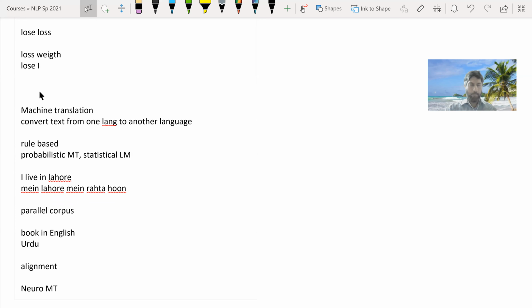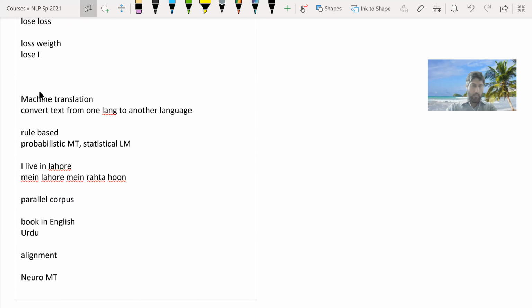So neural machine translation, and more recently, these were primarily LSTM and now, of course, transformer based. So the best practically usable machine translation techniques nowadays are either LSTM or transformer based.